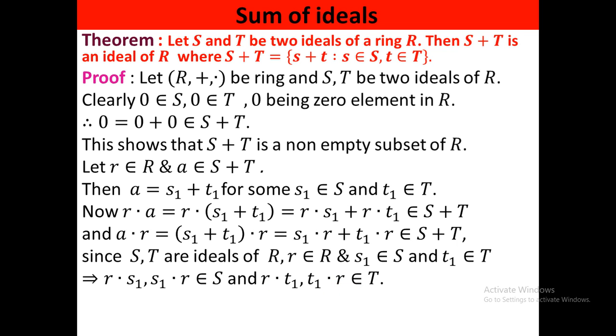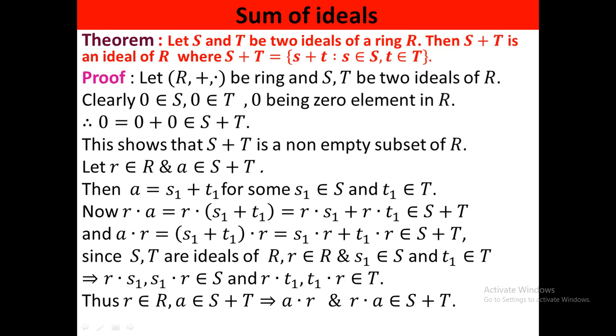So from the second condition of ideal, R dot S1 is an element of S, S1 dot R is also an element of S. Thus R dot A and A dot R are elements of S plus T for any A from S plus T and R from the ring.